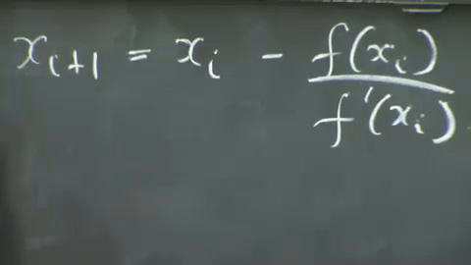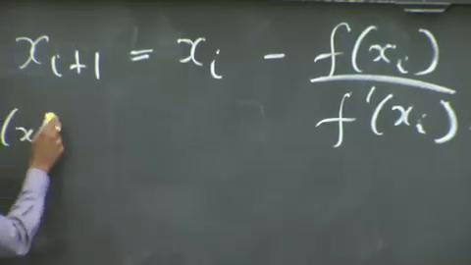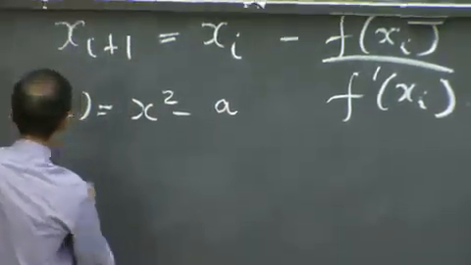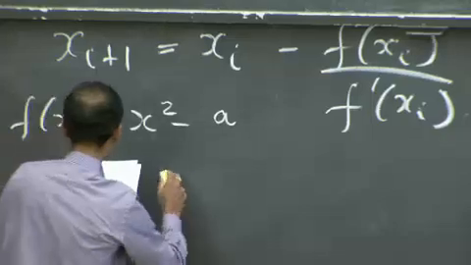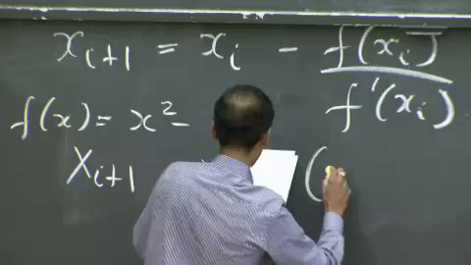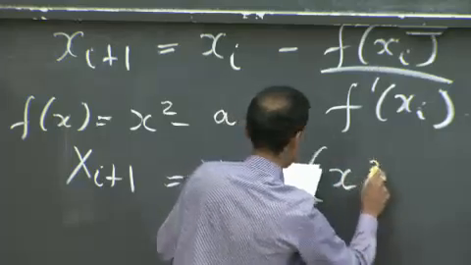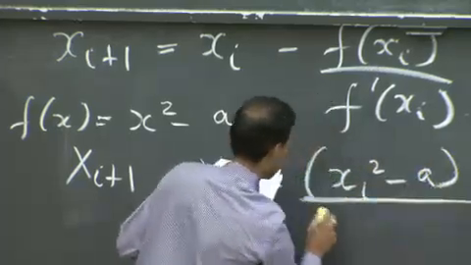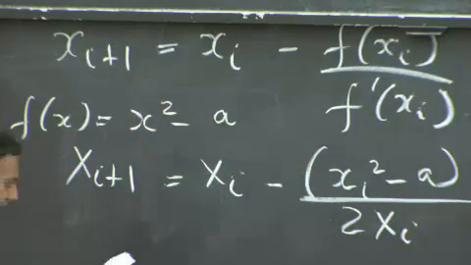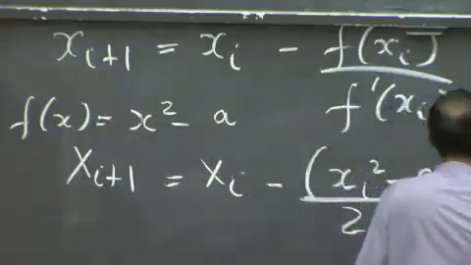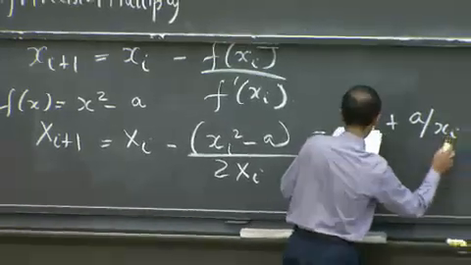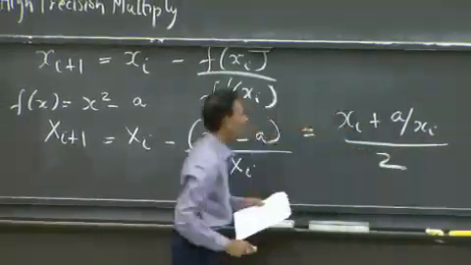If you do f of x equals x squared minus a, then you have xi plus 1 equals xi minus xi squared minus a divided by 2xi, which is the derivative of x squared minus a evaluated at xi. And finally, you get this equation: xi plus a divided by xi, divided by 2.